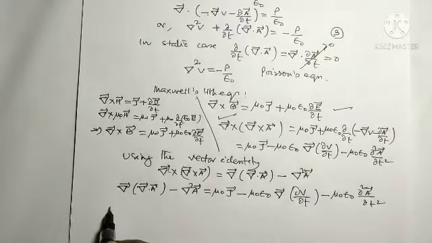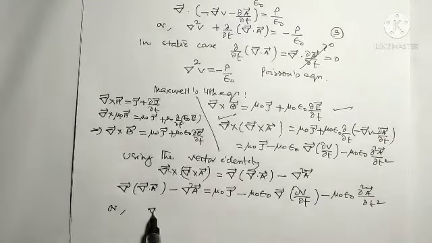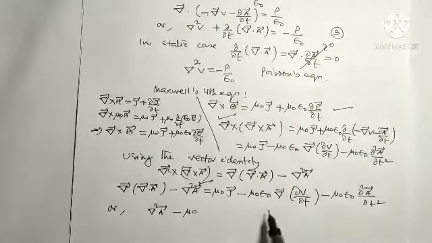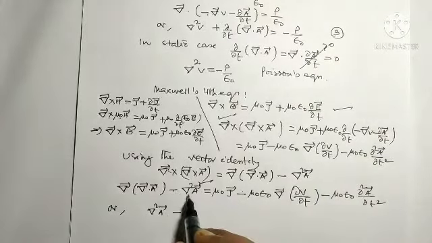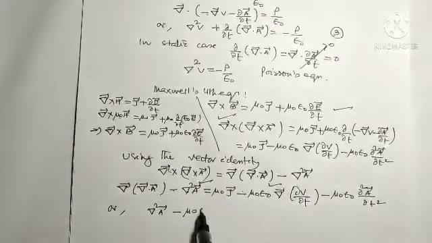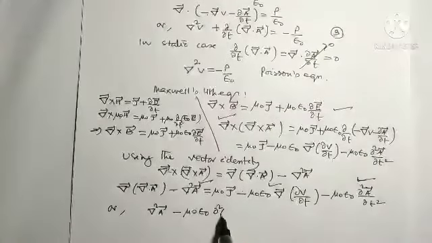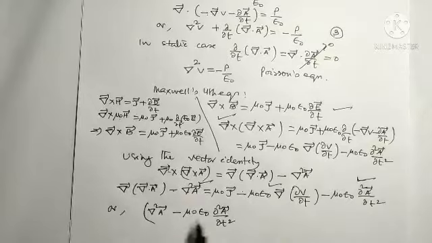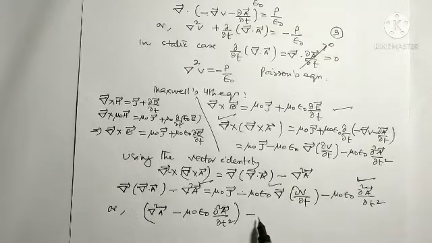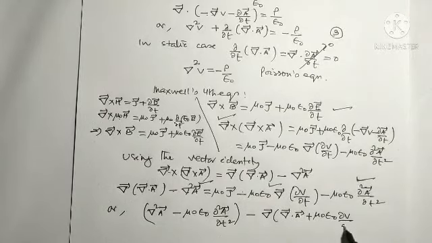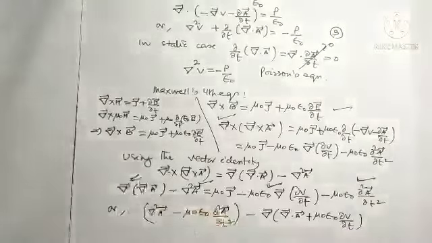Let us rearrange. First, del square A minus mu 0 epsilon 0 del square A by del t square, this is one term, then minus grad of div A plus mu 0 epsilon 0 del V by del t, from these two.